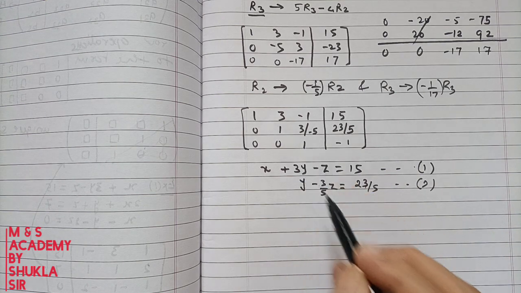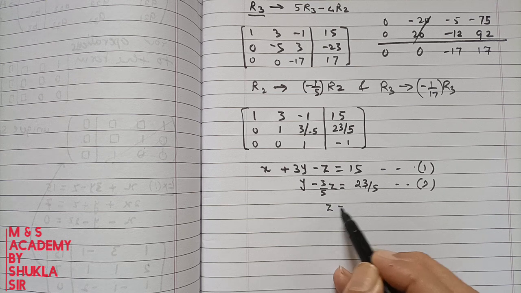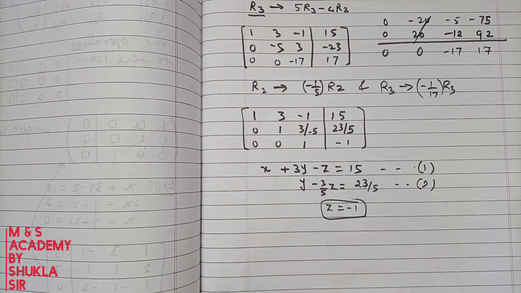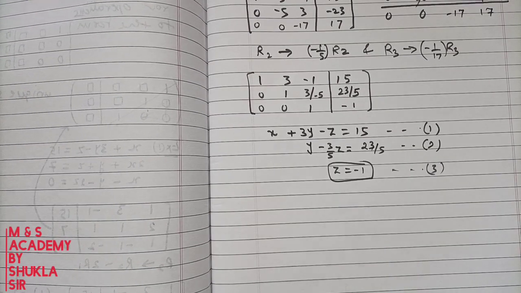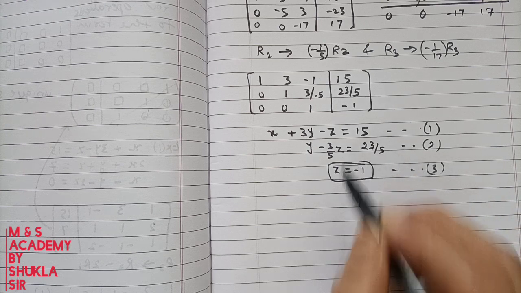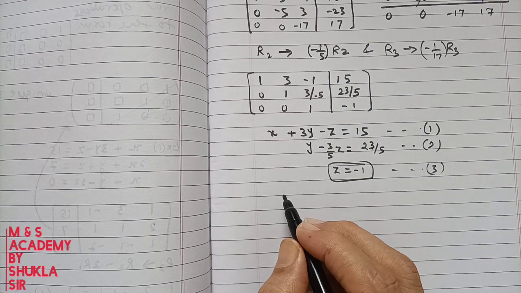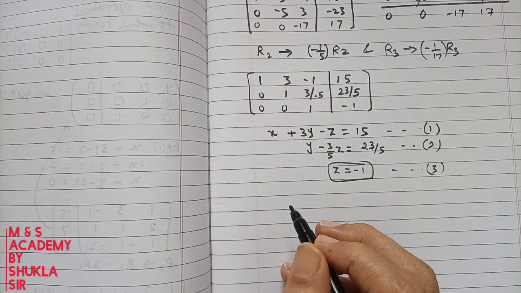Now from the last row you can say z is equal to minus 1. So we are getting the value of z from the third equation itself. Now we can substitute the value of z in equation number 2 to get y.